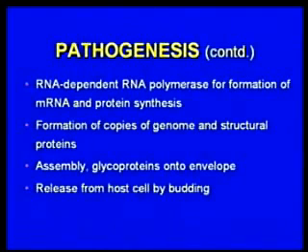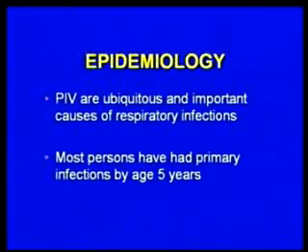So just to say that the virus does replicate in the cytoplasm, forming copies of the proteins and the genome it needs, and finally it's assembled and leaves the cell by budding. Before that it acquires an envelope, because these are enveloped viruses, and the glycoproteins stick into that envelope as well.